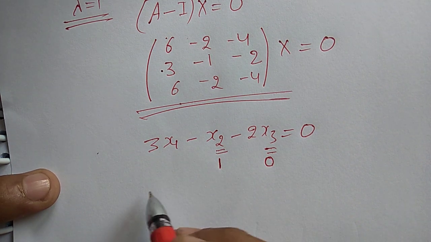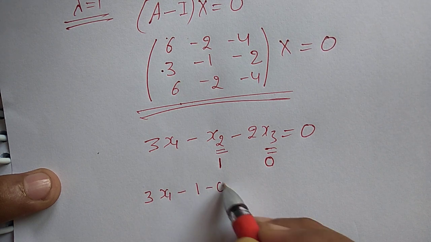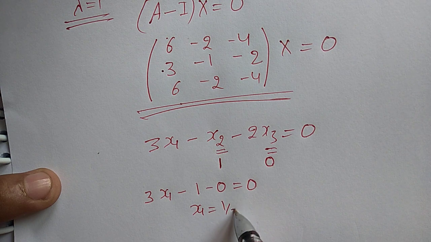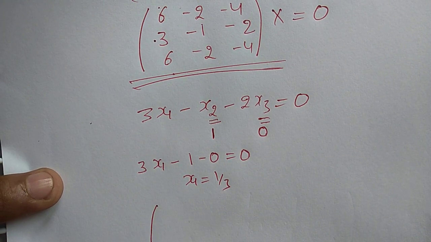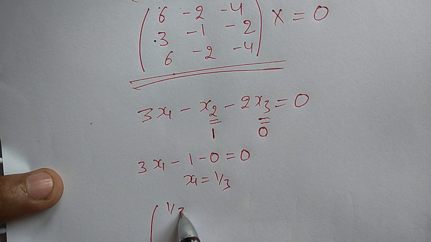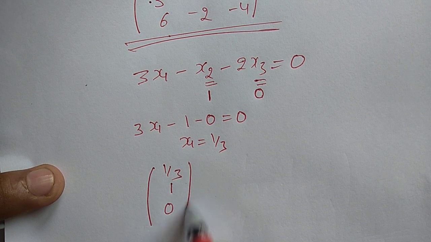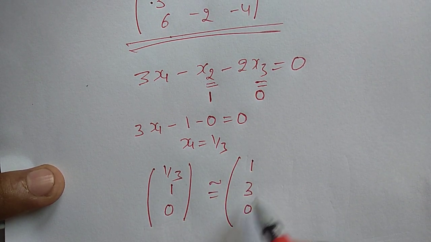So what is x1? 3x1 minus 1 minus 0 equal to 0, so x1 equal to 1 by 3. So the first eigenvector will be (1/3, 1, 0), or we can have (1, 3, 0).